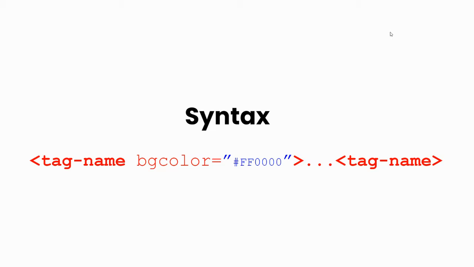So as I said before, within this six color code are actually three groups. And so you can see that the very first two codes here, which is FF, the FF actually represents the highest hexadecimal value for that color.